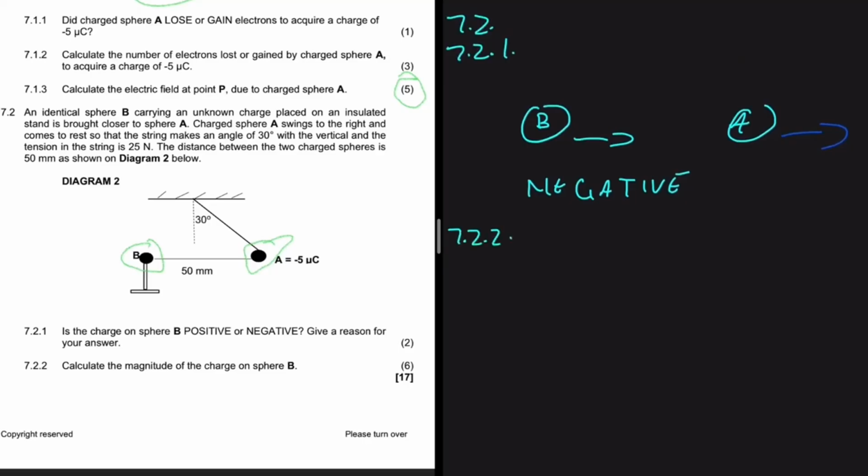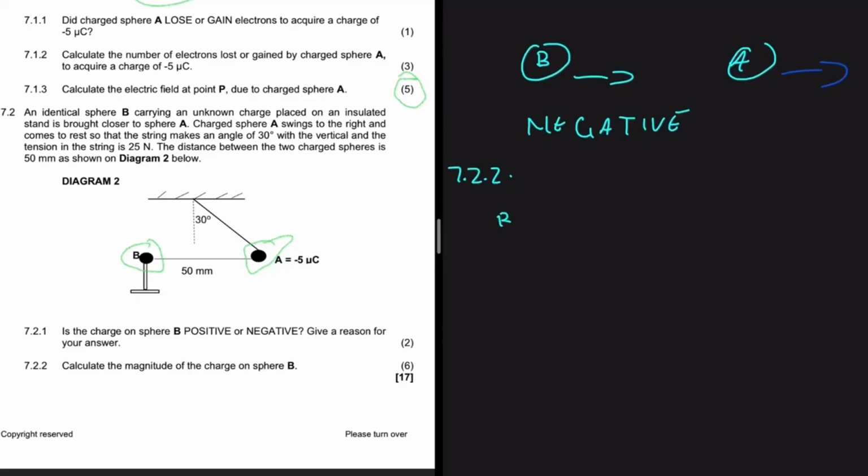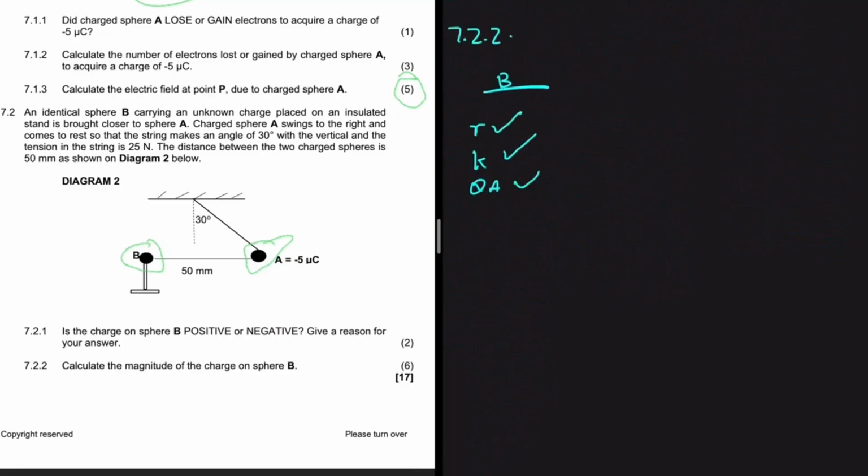7.2.2 says, let's calculate the magnitude of the charge on sphere B. Here is where it starts to get a bit complicated. So, problem solving 101. Let's look at the information we have. With regards to sphere B, we know the distance r away from sphere A. We know k is a constant. We know the charge of sphere A, and we don't know the charge of sphere B. That's what we're looking for.